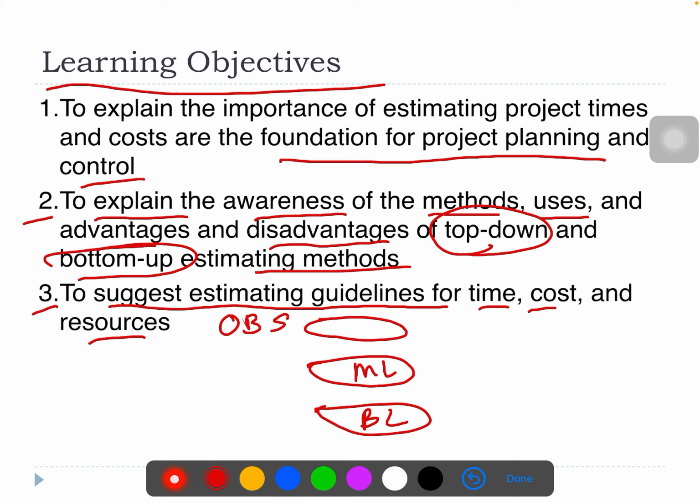When we talk about top-down, the directives of the project always come from the top level to the bottom level. However, when we talk about bottom-up, the ideas or directives come from the bottom level to the top level. This is what is meant by top-down and bottom-up methods.